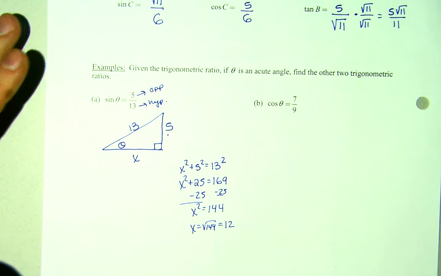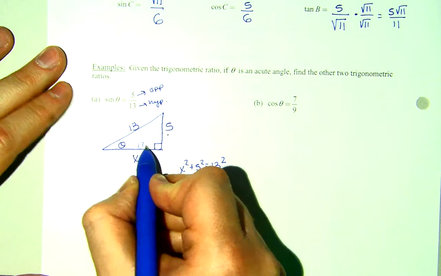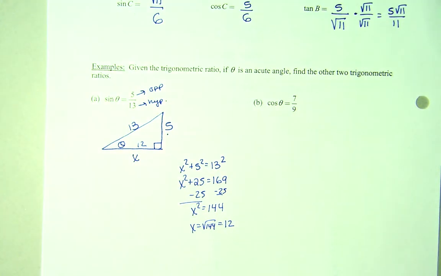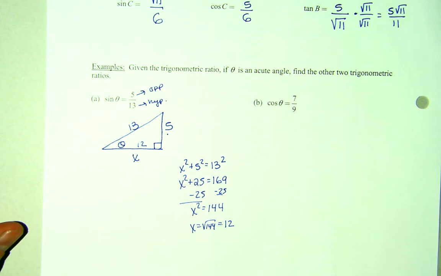Maybe that sounds vaguely familiar. They're going to show up often, and if you do know them, you don't have to bother with Pythagorean theorem, because you just know it's a 3, 4, 5 right triangle, or 5, 12, 13, or one of the other ones that we'll come across sooner or later.